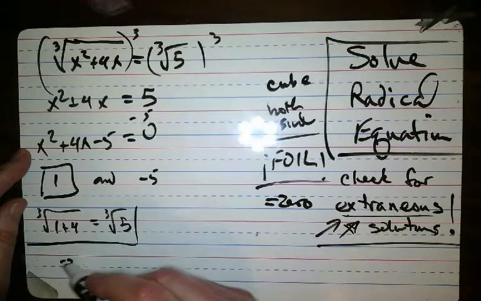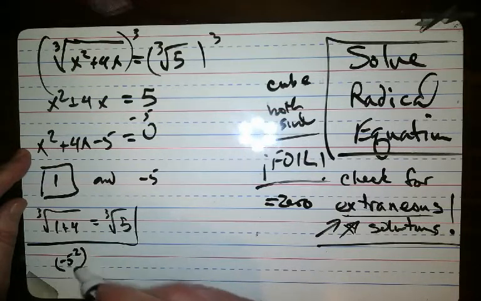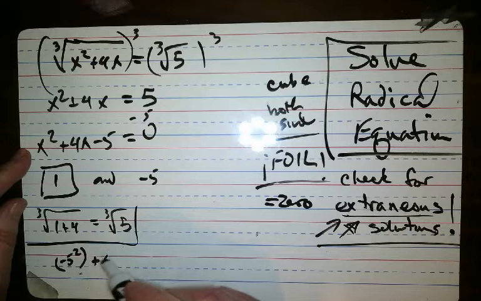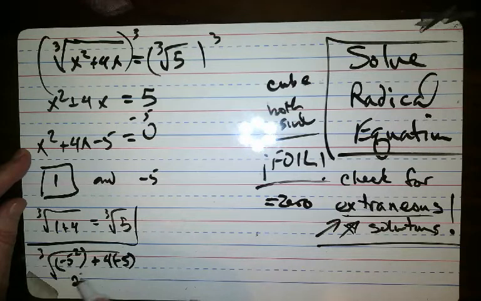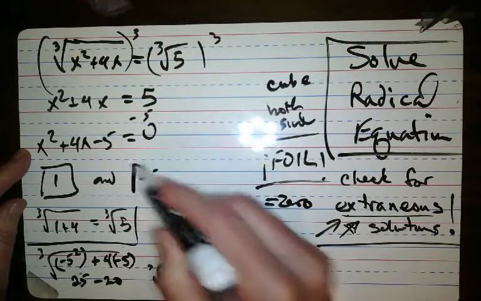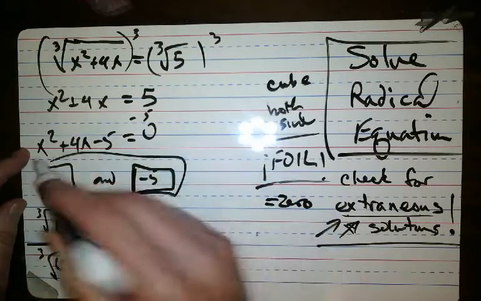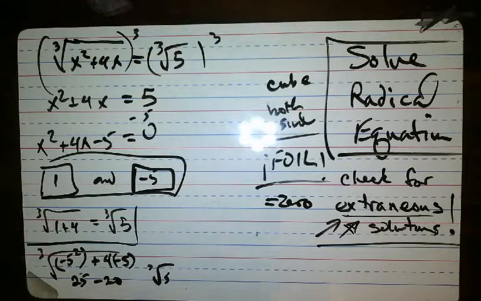Put -5 squared plus 4 times -5, all underneath the cube root. So that's 25 minus 20. Hey, that's the cube root of 5. Yay, they both work. Both answers work. Ta-da!